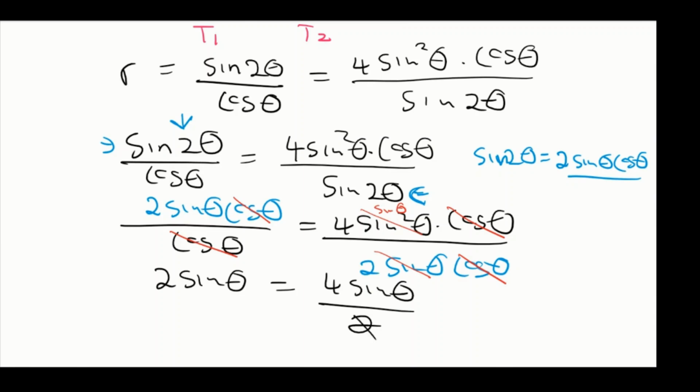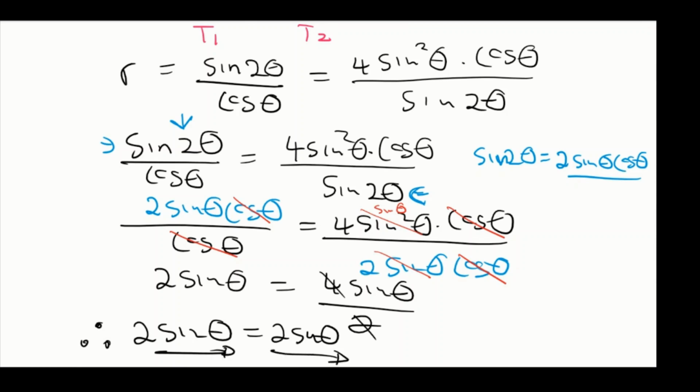The 4 will divide by the 2, therefore our final solution is 2 sine theta equal to 2 sine theta. You can see that the left-hand side is equal to the right-hand side, so the ratio r is actually constant throughout. Therefore the series is definitely geometric.